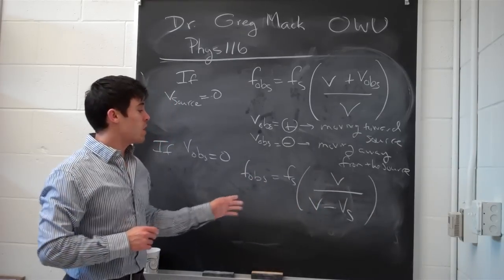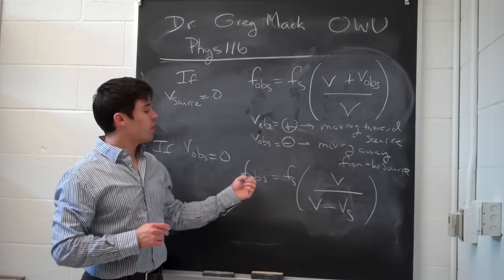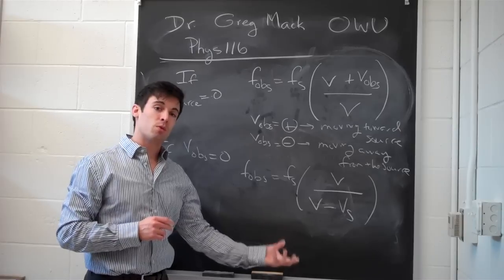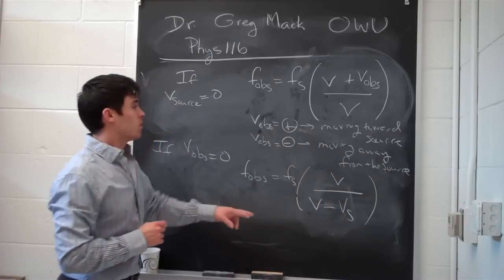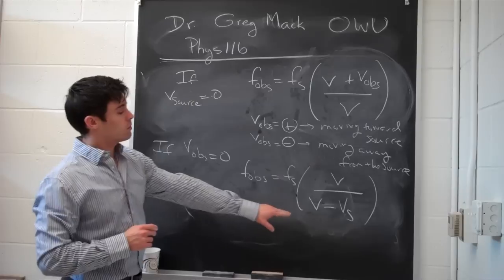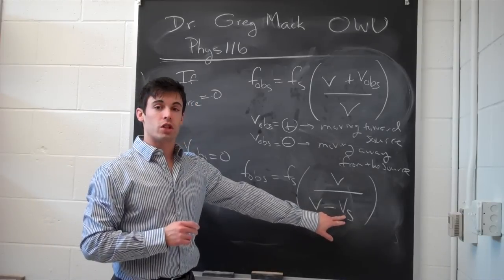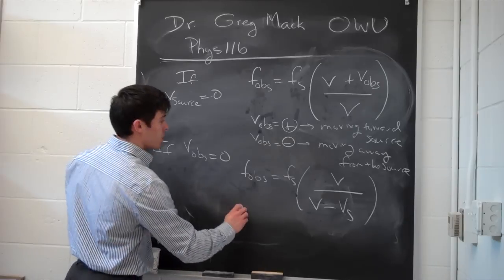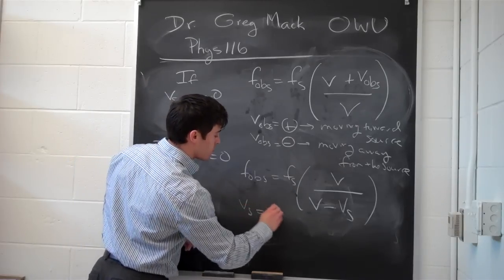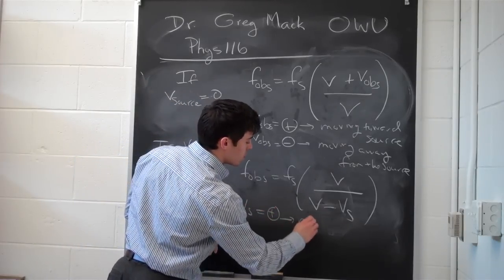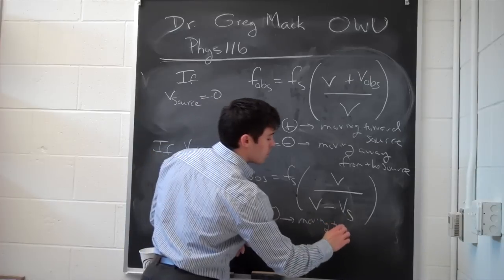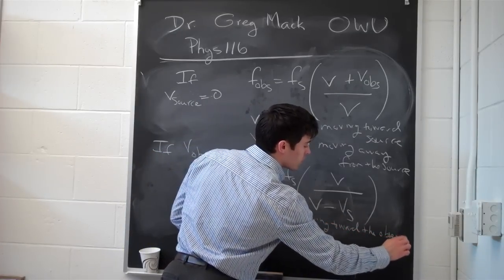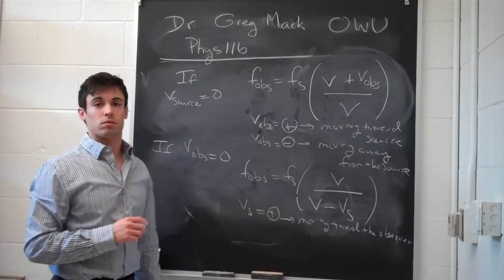And so that situation means that we have an observed frequency that's bigger than the emitted frequency. And so that corresponds to the situation where the source is moving towards the observer. Okay. So if V_s equals positive, that's moving towards the observer.